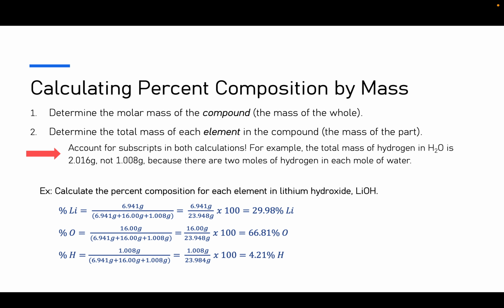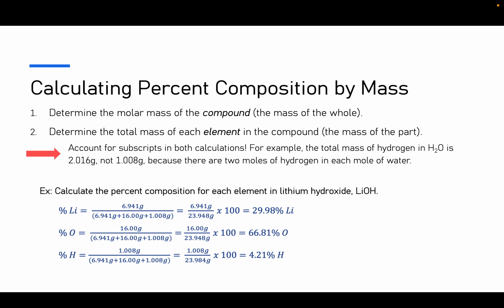Let's do an example here to show you what I mean. For this one, we're going to calculate the percent composition for lithium hydroxide. Notice here that each of the component elements has a subscript of 1. There's no number there, and the secret is the subscript is 1 if there's no number. So you can just take it straight from the periodic table, and you can see that I've put that in the numerator for each of these.